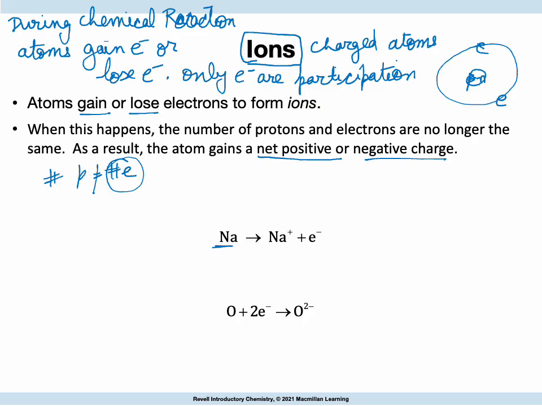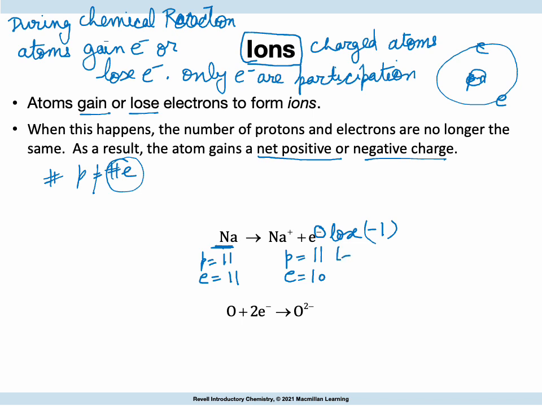For example, sodium was Na. How many protons does it have? 11. Atomic number is 11. How many electrons does it have? Also 11. But let's say it lost one electron. So now the number of electrons is how many? 10. Because it lost an electron, and an electron carries a negative charge, it lost one negative charge. Which means how many protons does it have now? Still 11.